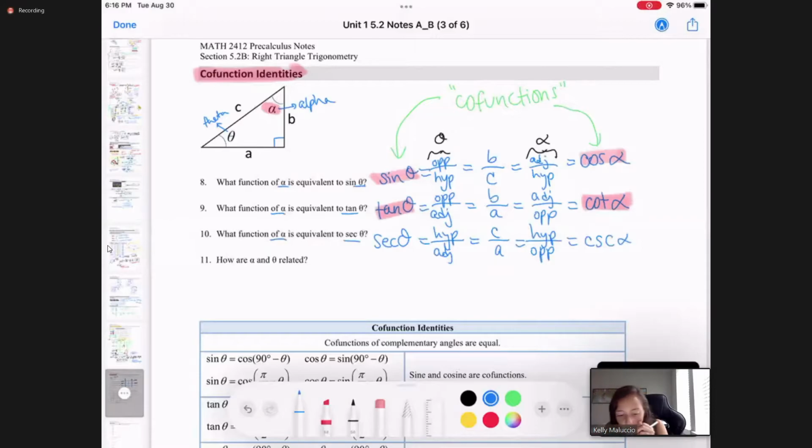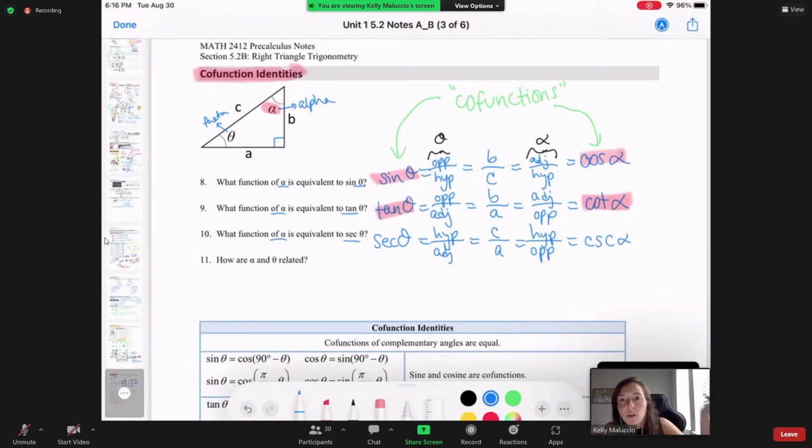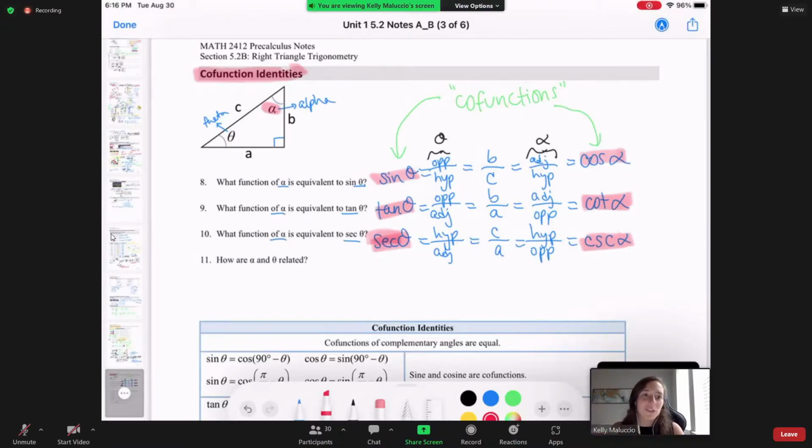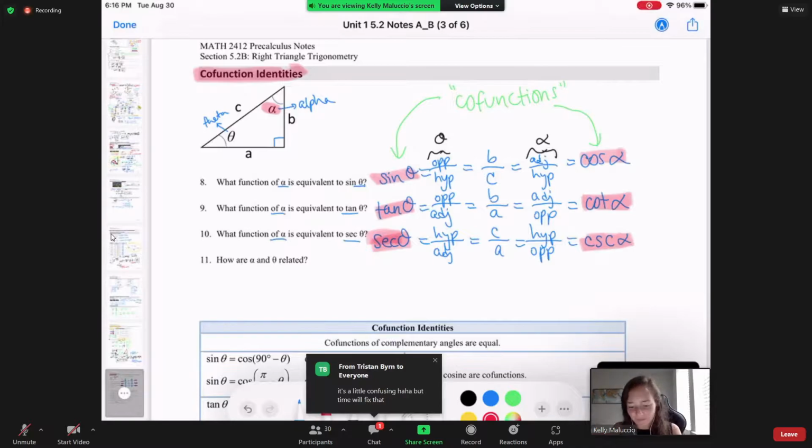And now maybe you understand the words, because secant is the reciprocal of cosine, but it's the co-function of cosecant, which is very weird. There's a lot going on here, but this is less important in solving problems than just knowing sine, cosine, tangent, and then the reciprocals. But they wanted to point it out.